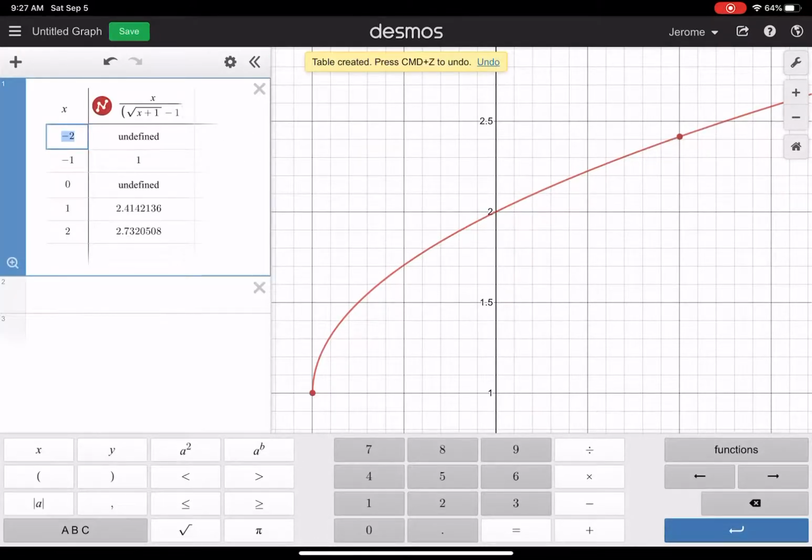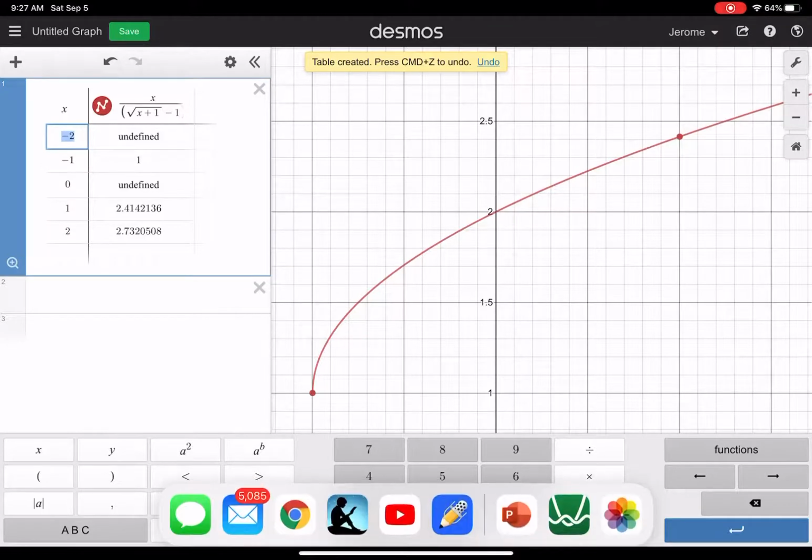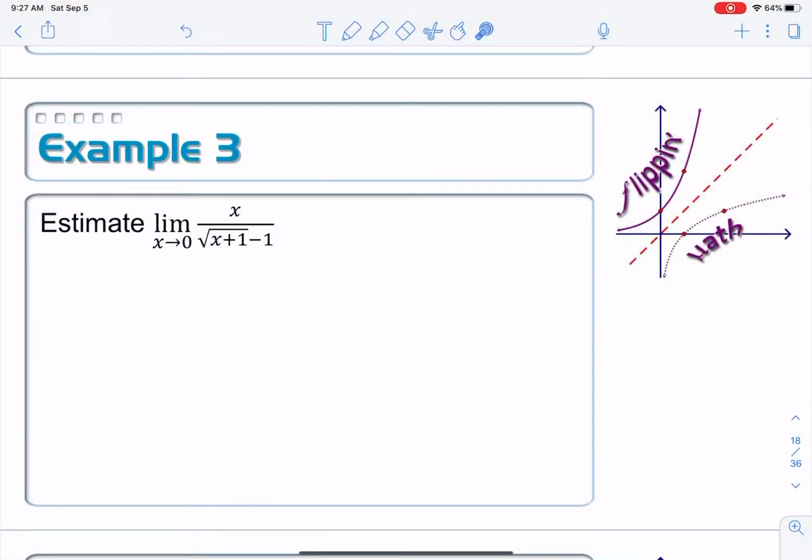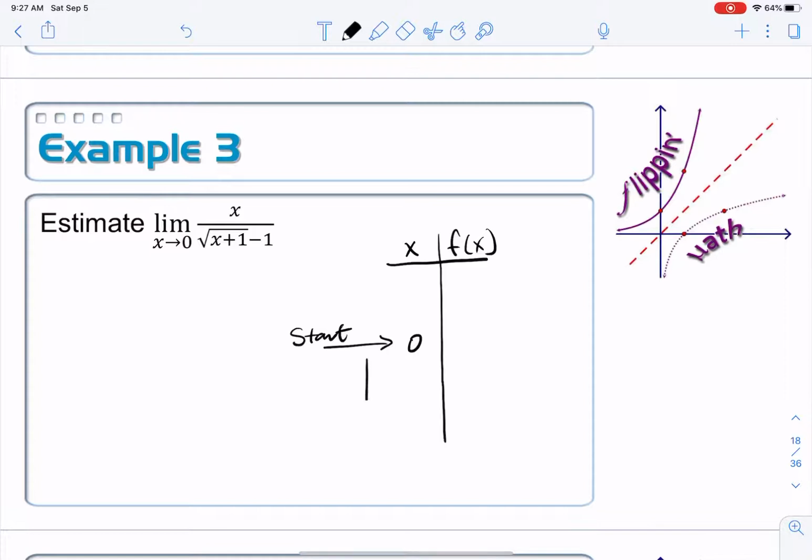Before we start putting the numbers in it, though, let's talk about how we actually build this table. Last time we were centered around the number 1. Here we're going to be centered around 0. So let's put a 0 right in the middle. This is where we're going to start. Okay, and then we're going to build our table a little bit bigger than 0 and a little bit smaller than 0.